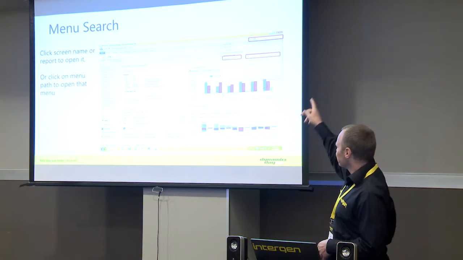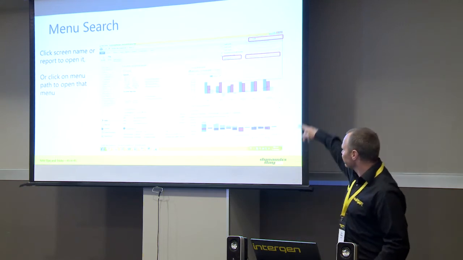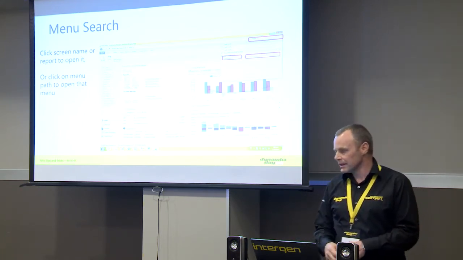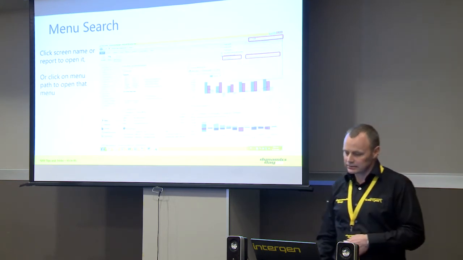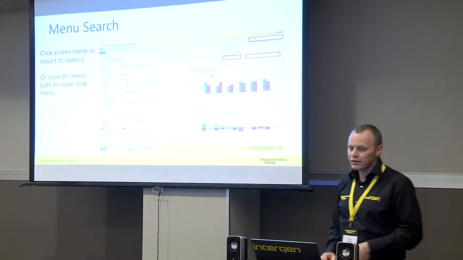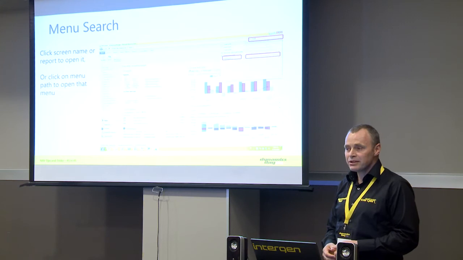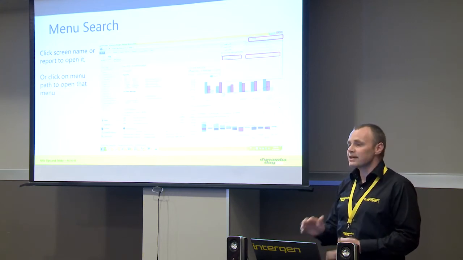You can just start typing its name up in the corner there, and it will filter your list of options with all screens and menus that contain that screen. Then you can either click on the screen name to open the screen, or click on the menu path, which I've also highlighted there, and that will take you to that menu.